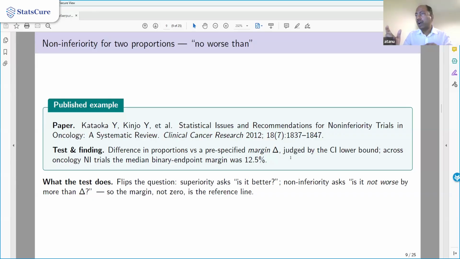Now if you use the 1 lakh rupees drug, the success rate is 50%, whereas using the 5,000 rupees per strip drug, your success would be 45%.